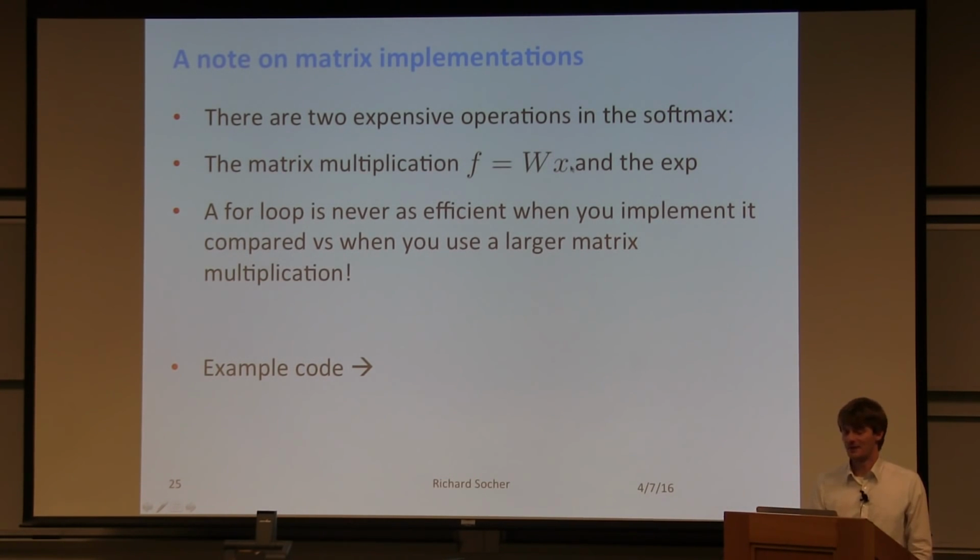At some point, you may have a 5,000-dimensional vector X and a 5,000 by 5,000 dimensional matrix W, which is a layer that goes from 5,000 to 5,000. It's going to be very large. And then you also have the exponents, and exponents in the computer are also not that cheap to compute. So the most important thing for implementations in any higher level language, such as Python, MATLAB, or Java, is that you want to always avoid, as much as you can, any for loops.